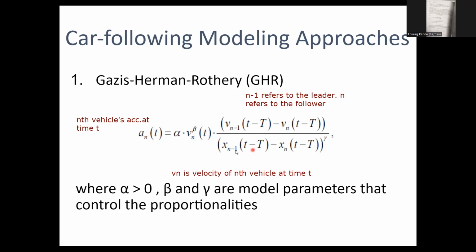And then you should be able to tell me what the bottom, the denominator, refers to as well. It's the spacing between the leader and the follower. Make sense? So then what are this t minus T and t minus capital T doing here?